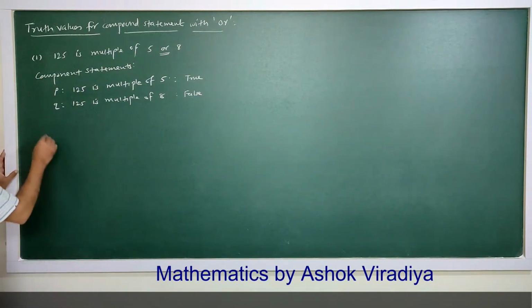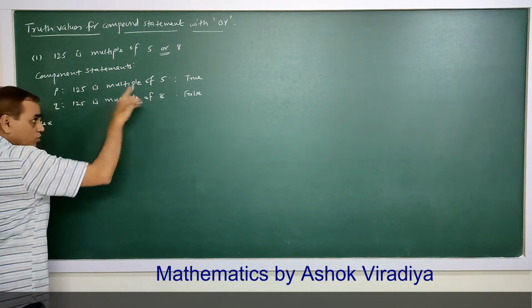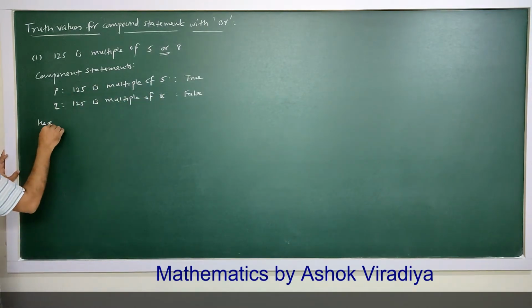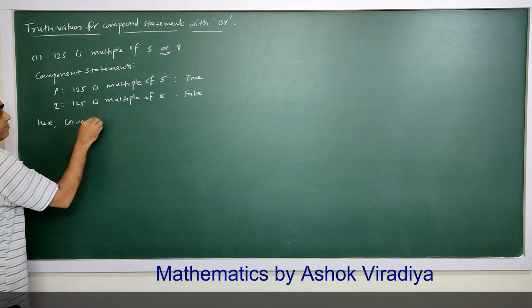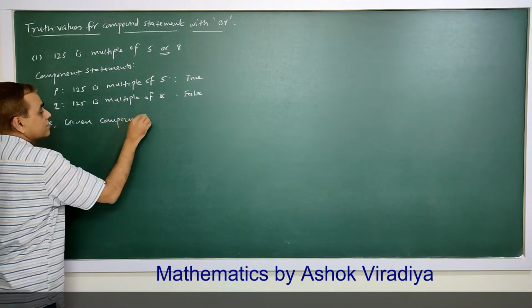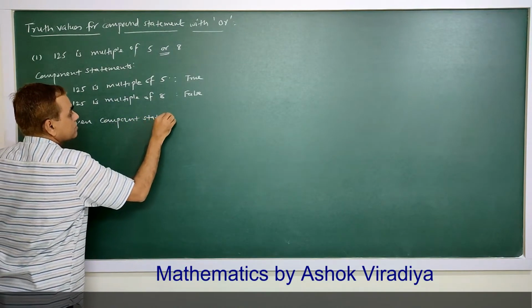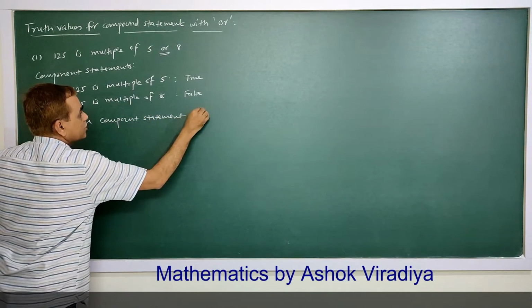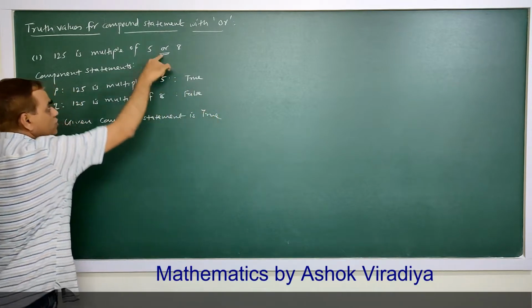So here P is true, Q is false, but given compound statement is true because of word or.